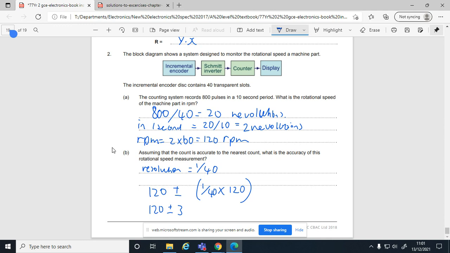So therefore the speed can go between 117 and 123 revs per minute. Yeah, that's what it's trying to say. That'll be the accuracy of that. So you have to find the resolution first. It's obviously plus or minus that number. Again, I hope that makes sense.